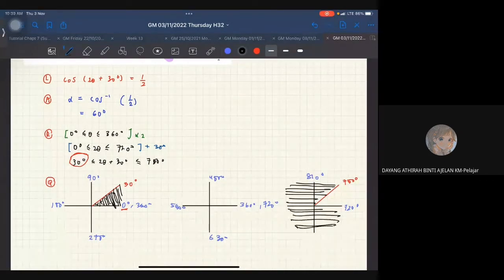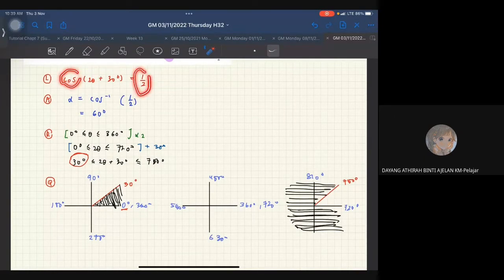Buang. Okay. Settle. Okay, so tak siap lagi. Step quadrant kita tak settle lagi. Okay, so apa yang saya nak buat next is, so awak kena tengok dekat kawasan mana, in which quadrant is our cos positive. Which quadrant? First, second, third, or fourth?